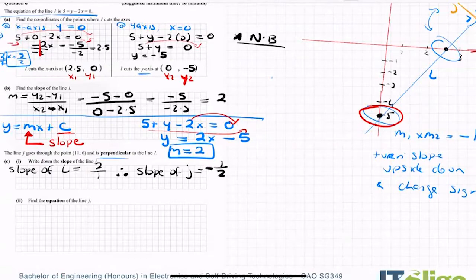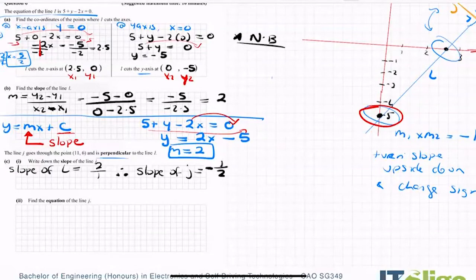If you look at the diagram, it's not the best one because it's gone off the page, but that's a positive slope, so the line perpendicular to it would have to be coming down. So that's why perpendicular lines always have opposite slopes. To maintain that 90 degrees, if one is going up, the other one has to be coming down. Okay, so that's the slope of the line J.